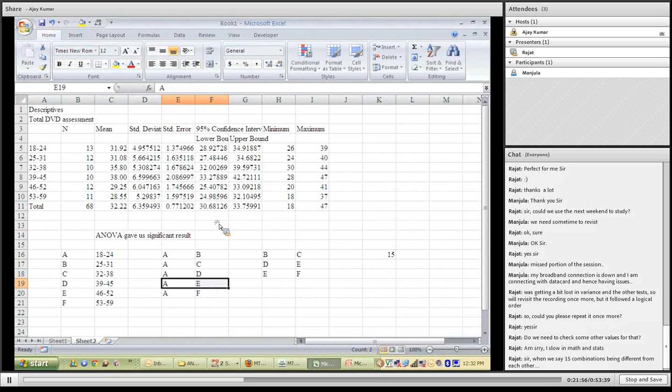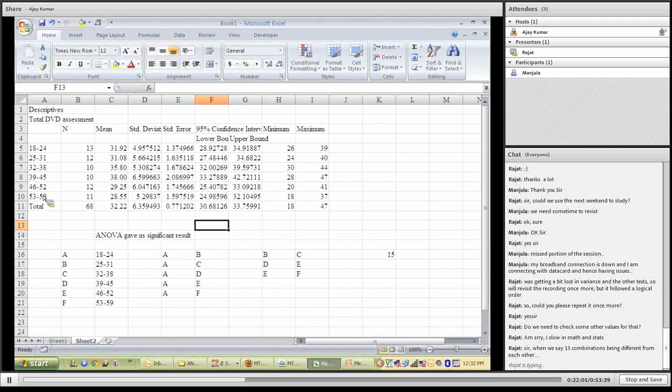Now just to put the example in perspective, have a look at this: the 53 to 59 mean is 5.29, right? The 46 to 52 mean is 6.0 and the 18 to 24 mean is 4.95.